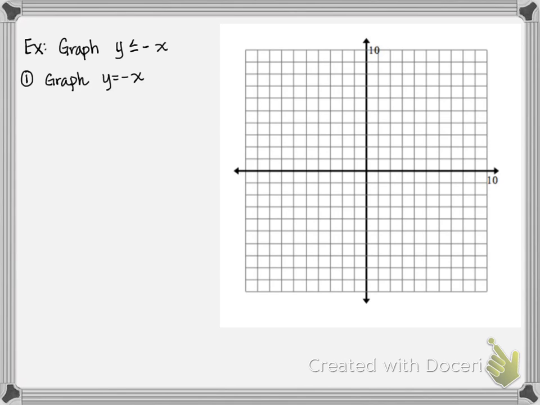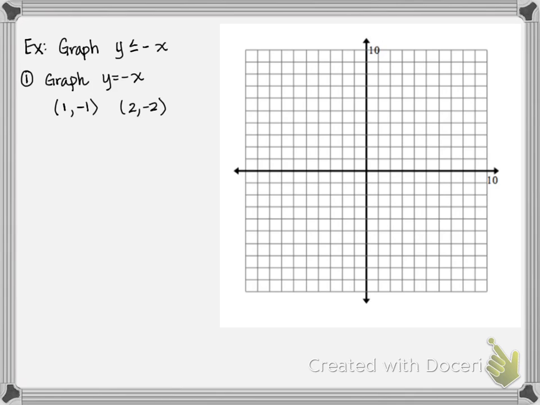Okay, so like I said, when we're graphing y equals negative x, all that's saying is that the y coordinate is the opposite of the x coordinate. So if you pick any number for x, the y coordinate is just the opposite of that. So you can pick pretty much anything.